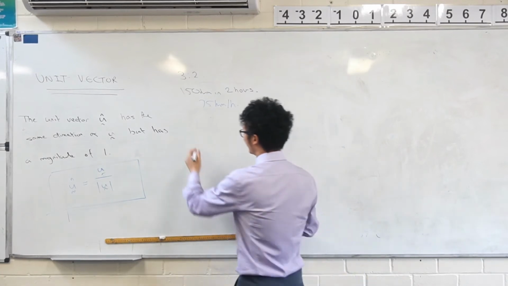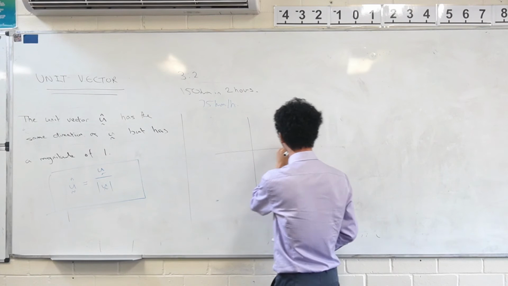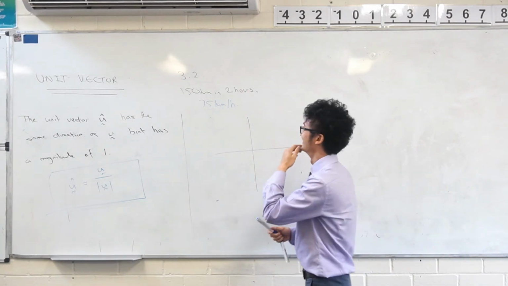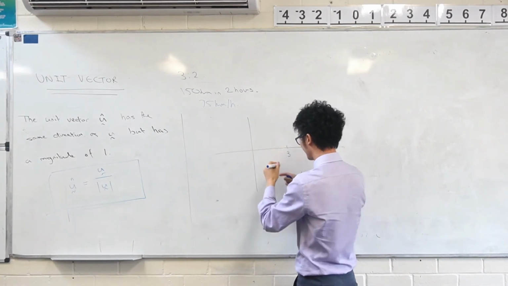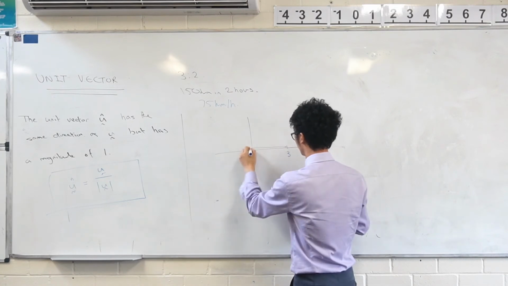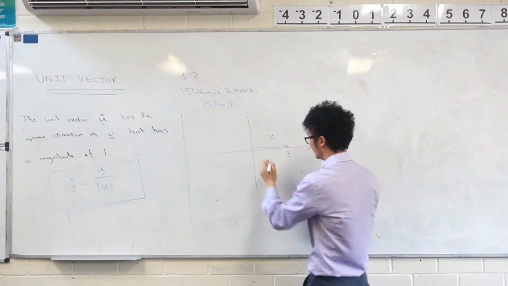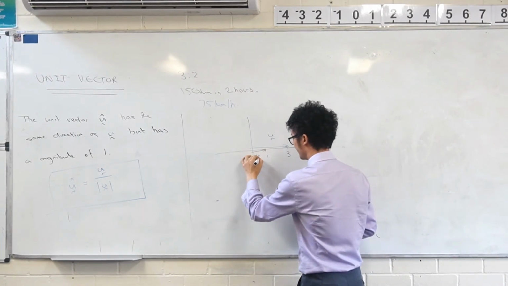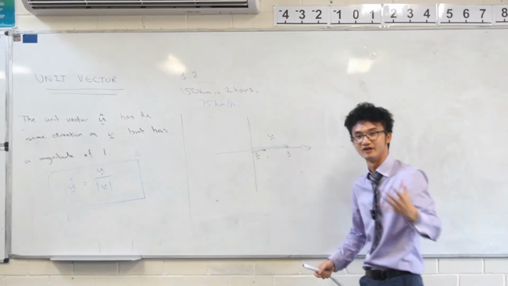So let's just understand why exactly this is the case. If we take what was the one we had before, we had 3. If we take this vector u and I want to go back to its unit vector, so the one with a magnitude of 1, u hat, the idea is that I can just take whatever vector this is and then divide it by 3.